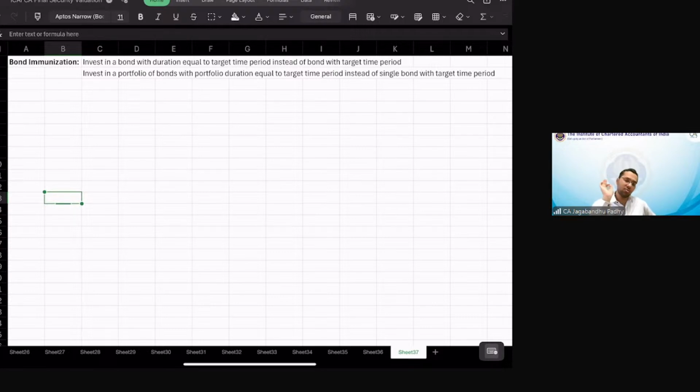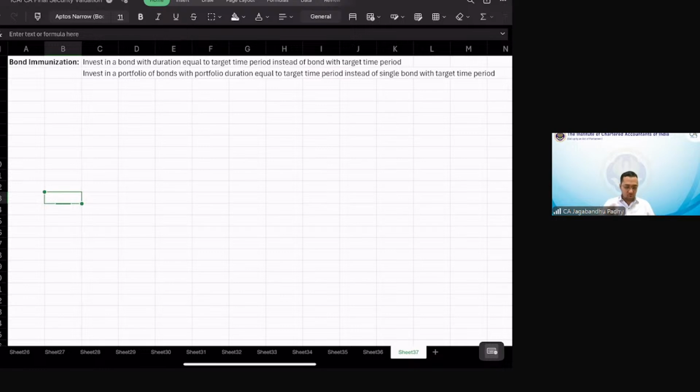So the idea is, instead of investing in a 2-year bond, because that is subject to reinvestment risk, you should invest in a bond which has a Macaulay duration of 2 years. And if you can't find one, you should invest in a portfolio of bonds in such a way that your portfolio Macaulay duration works out to be 2.